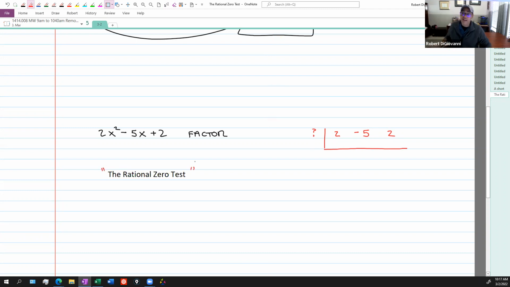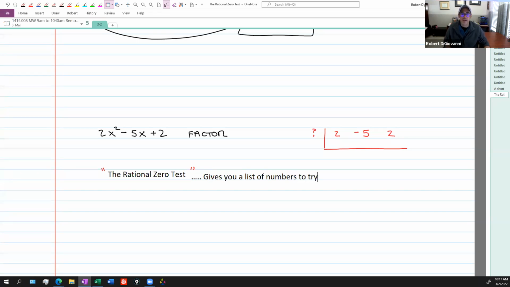Now, you're not going to like this initially, but it's not as bad as it actually looks, and it actually gives you a way of doing it. Right now, we just don't know what number to put out there. We don't want to start guessing numbers, right? There's an infinite number of numbers that we could guess. So the rational zero test gives you a list of numbers to try.